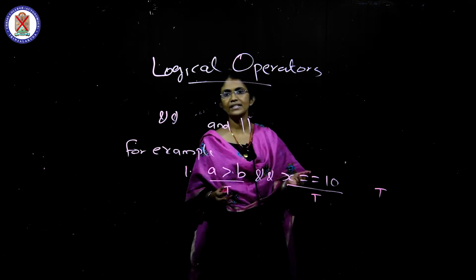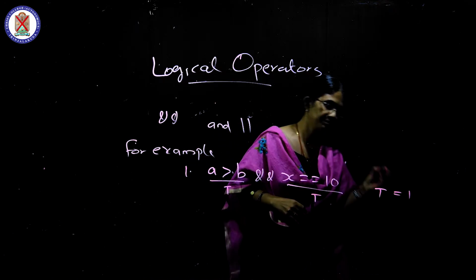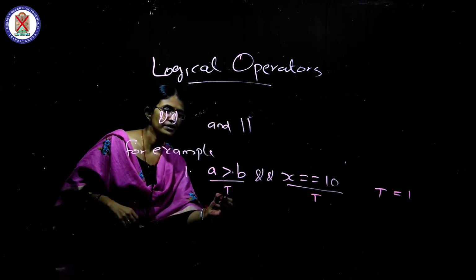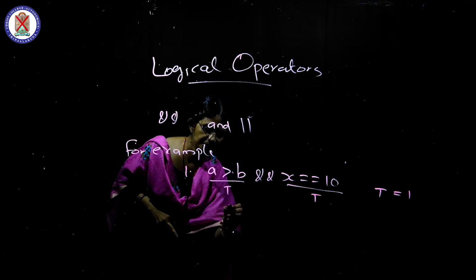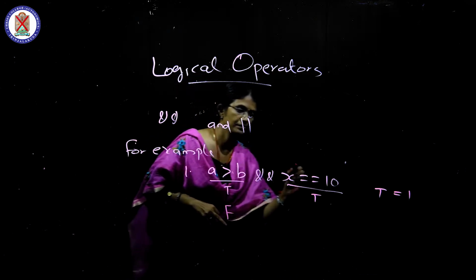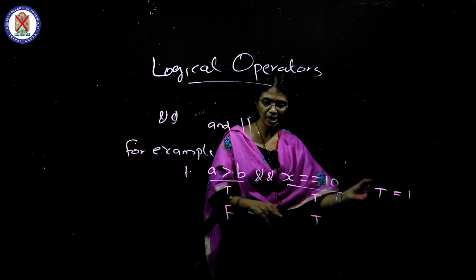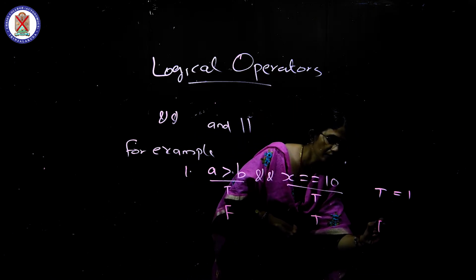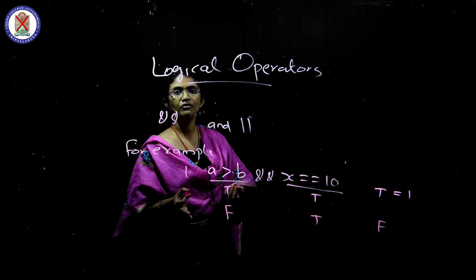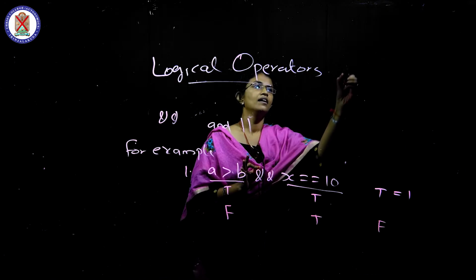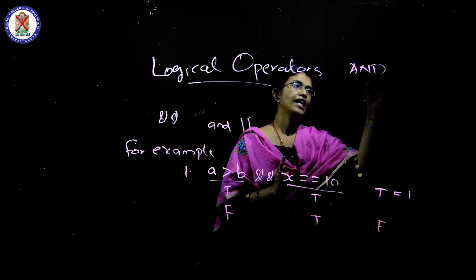True means the value becomes 1. If any of these values becomes false, then its value becomes false. According to the truth table, we are all familiar with the truth table of the AND operator.